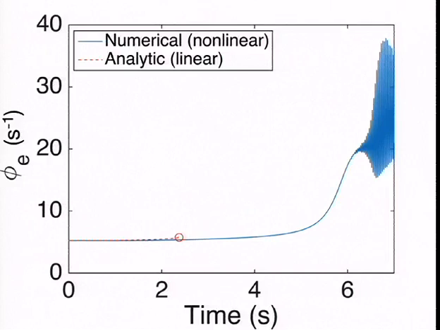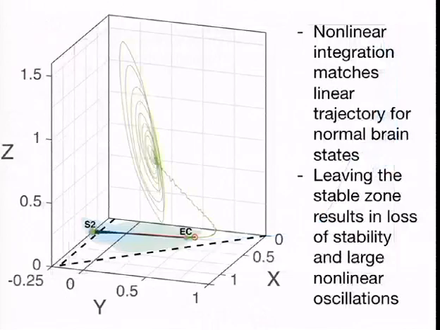And if we visualize this trajectory in terms of the model's phase space, we can see that indeed, as we go from our sleep state to our wake state, the nonlinear integration gives us a path that more or less exactly follows that linearized trajectory. But then once we wake up a little bit too much and hit the stability boundary, then the dynamics diverge and we start to see large nonlinear oscillations.